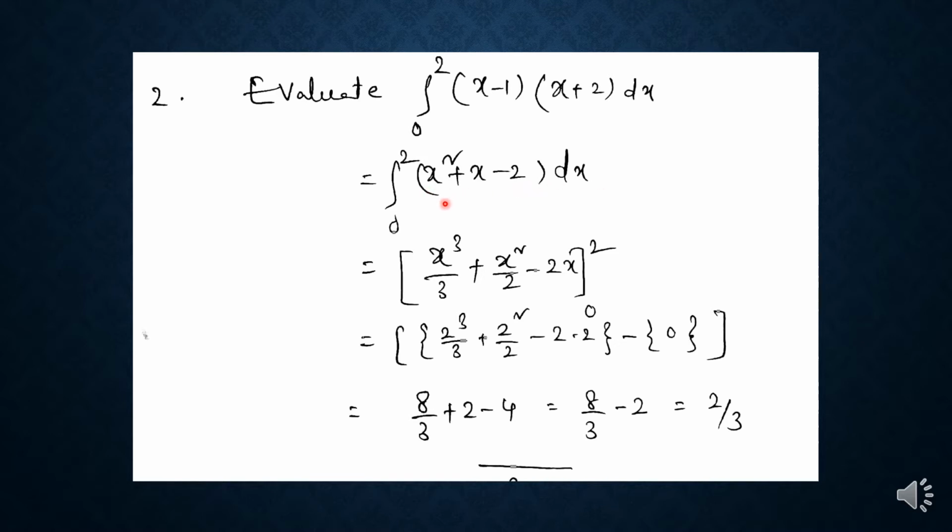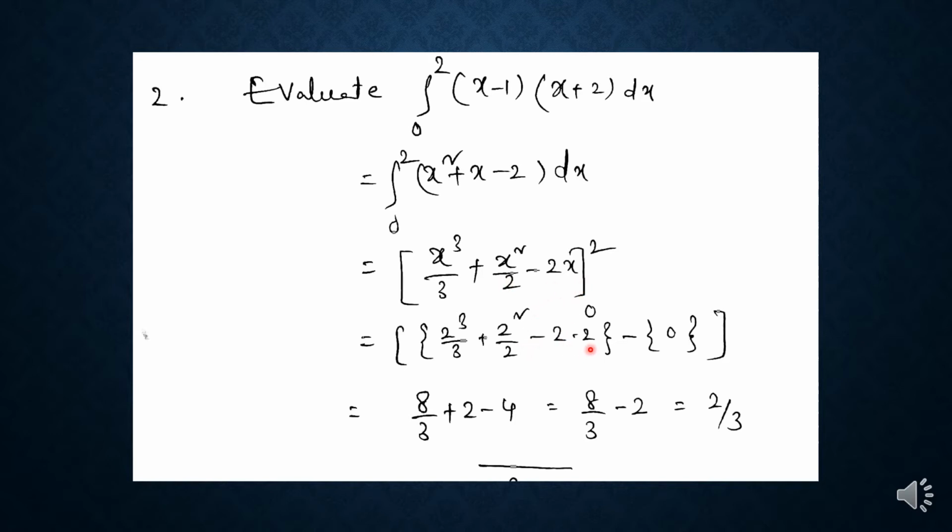At first we have to integrate the integrand. That is, integral x square dx is x cube by 3, plus integral x dx is x square by 2, minus integral 2 dx is 2x, from 0 to 2. Then substitute the upper limit in these three terms: 2 cube by 3 plus 2 square by 2 minus 2 into 2.